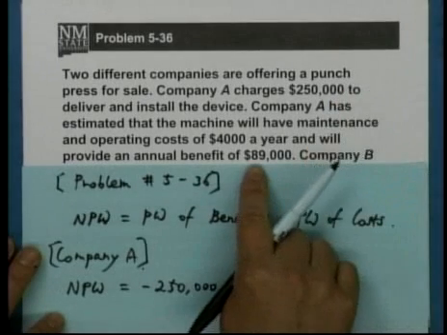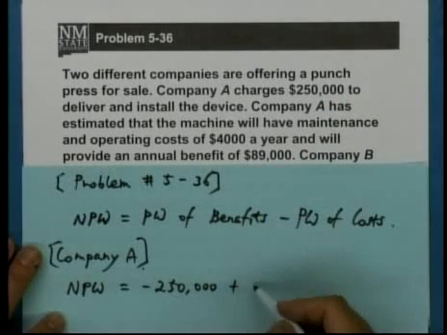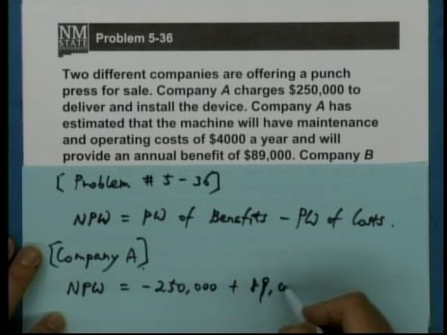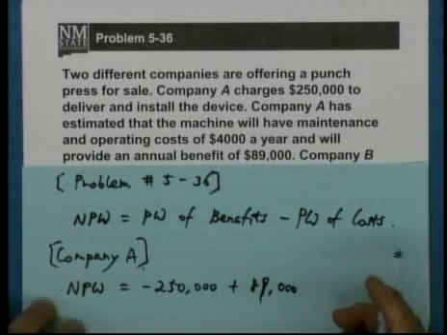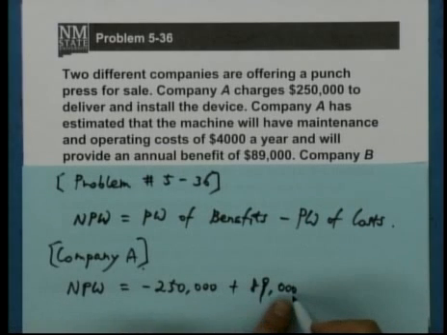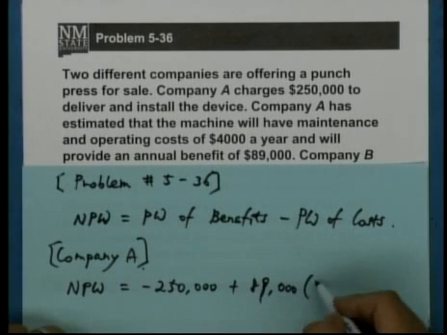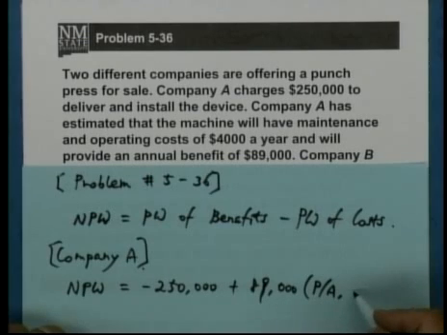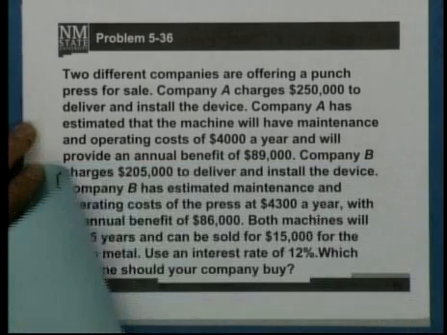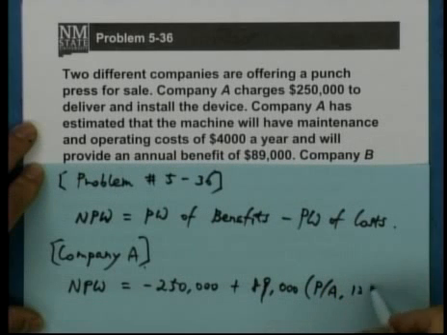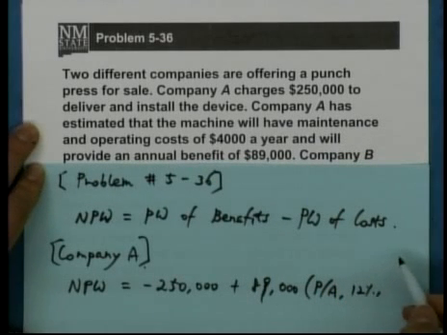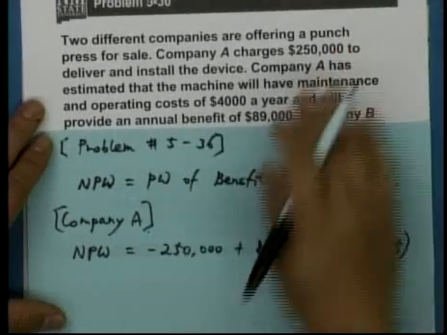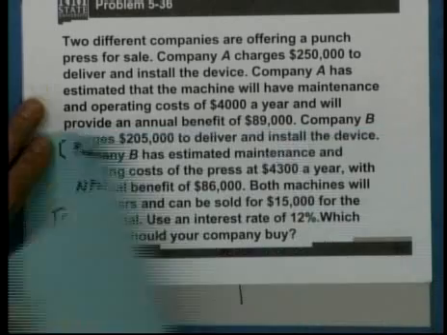Annual benefit is $89,000, right? And this annual benefit should be converted to the equivalent present sum. So you need to multiply by P given A, and here 12% interest rate over 5 years, right? And there is a table value. How much is that?